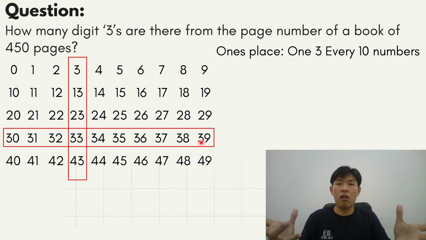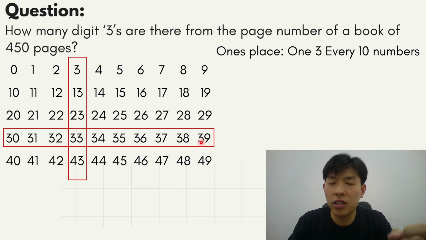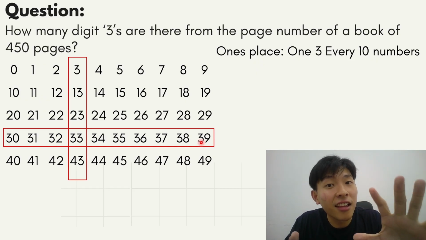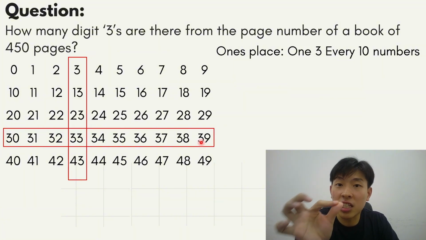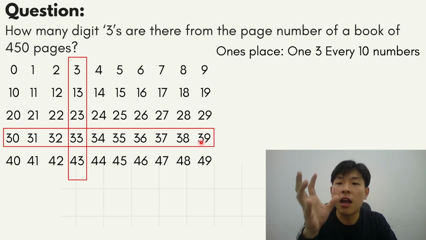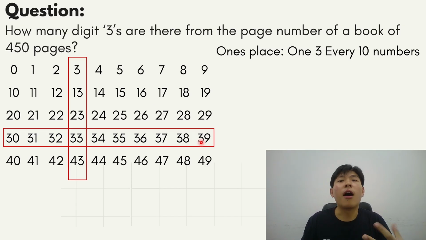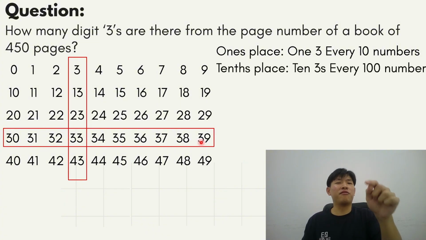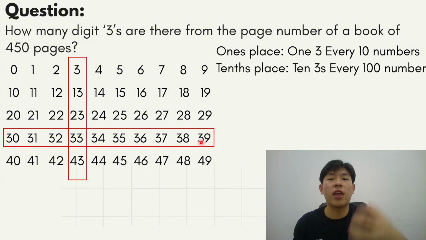We don't have any more. So what about from 100 to 199? Actually, it is the same. There are only 10. It's only from 130 to 139. This means that for every 100 numbers, I have 10 threes in the tens place.